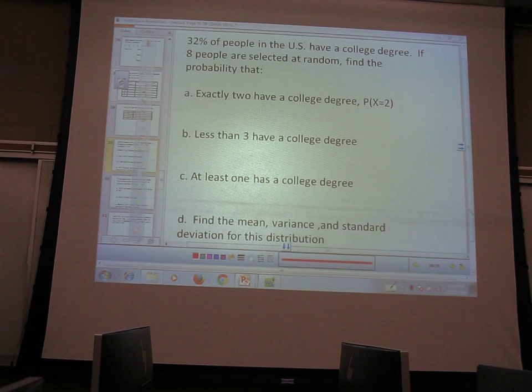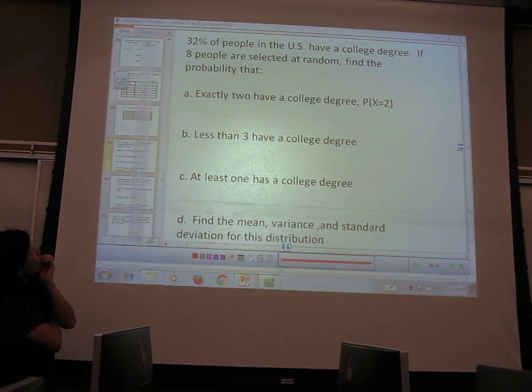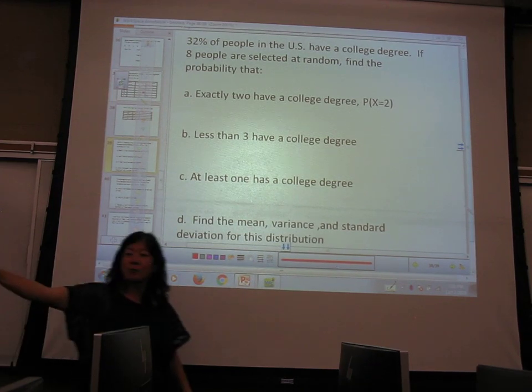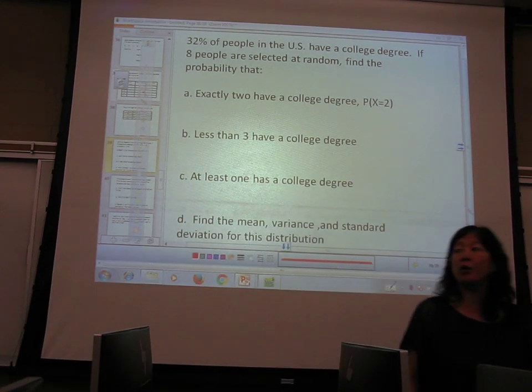Hey guys, you have a final in one week. It's very important to be able to recognize this problem. It's a binomial problem. Why is it a binomial problem?